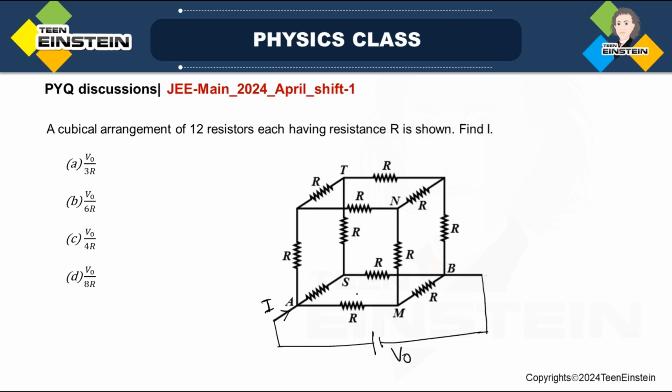To get the current, what I need is V0 by R equivalent, isn't it? So this will be the current. So how do I find out equivalent resistance between this A and B terminals? We have to find out equivalent resistance in between these 2 points.